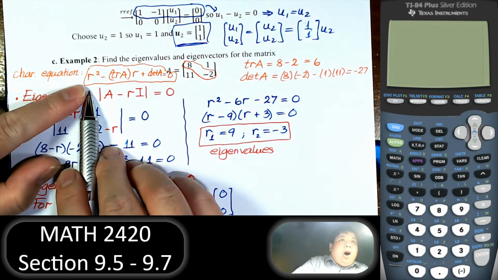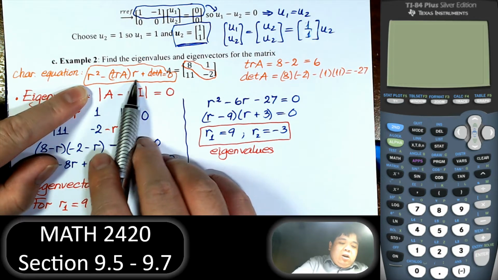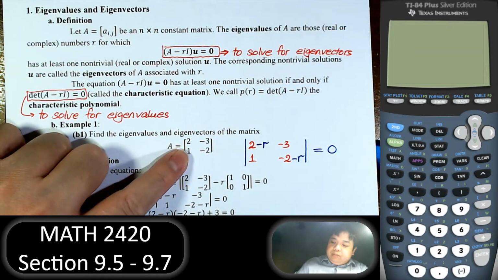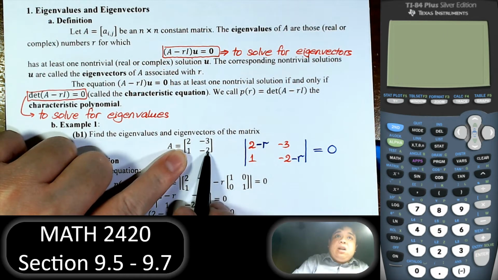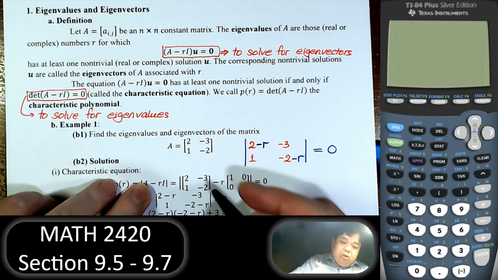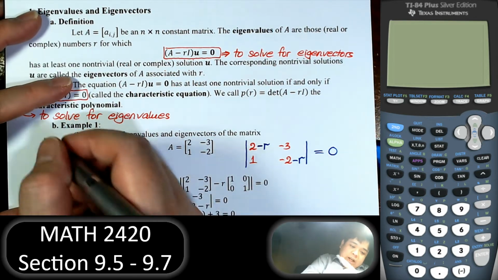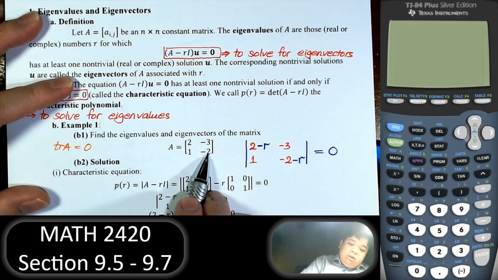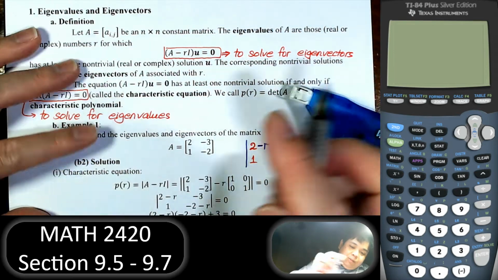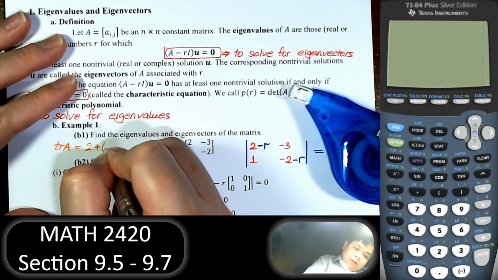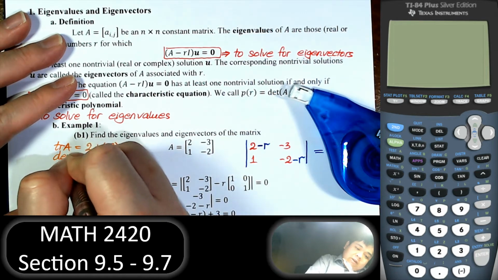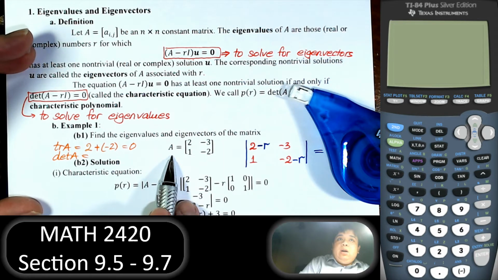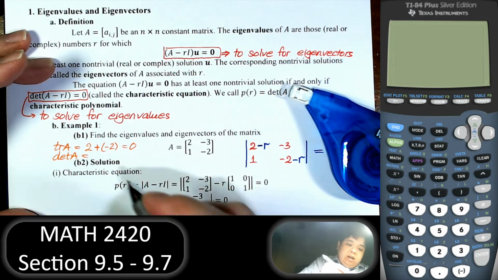If we look at the first example, we calculate the trace of A is equal to 0 because 2 minus 2 is 0. And the determinant of A is 2 times -2 is -4, minus -3, so minus 4 plus 3 is -1.